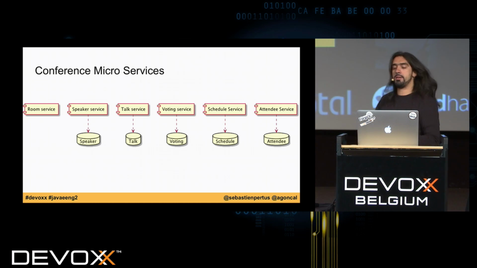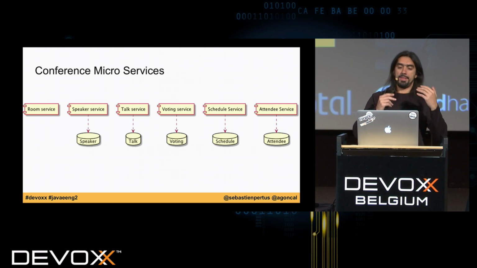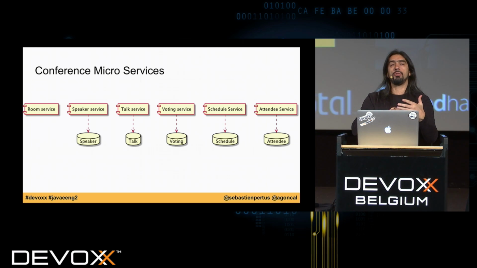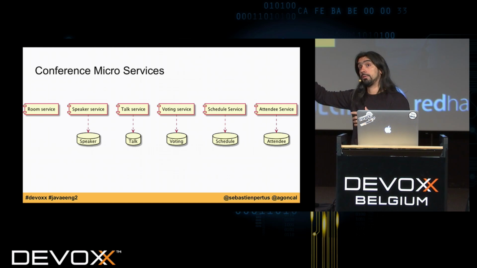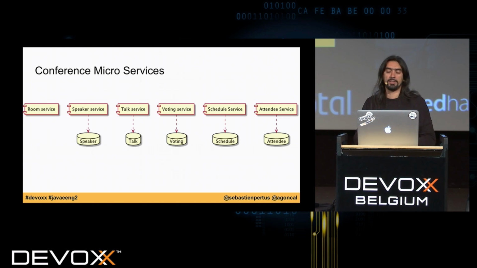Schedule, etc. And the idea is the schedule service gives you the schedule of Devoxx, and then it gives you a link on the talk. So if you click on this link, you go to another service. Okay, so we took the microservice approach to the very extreme.